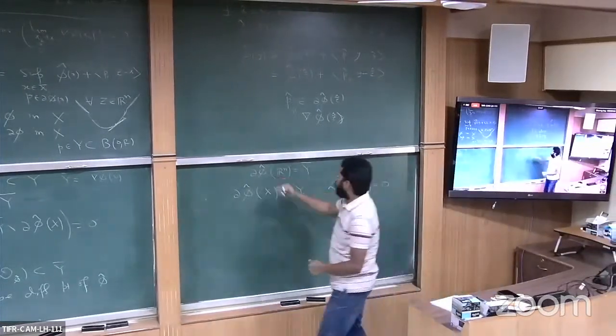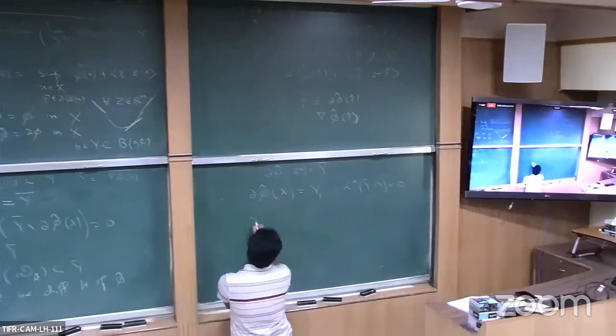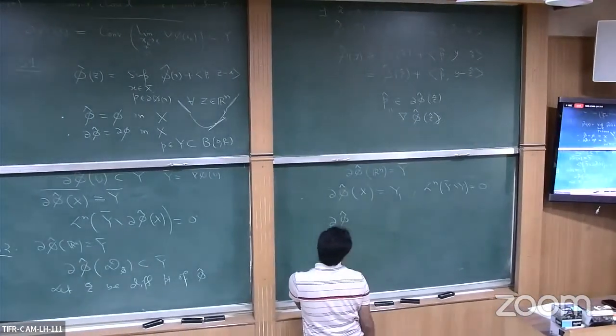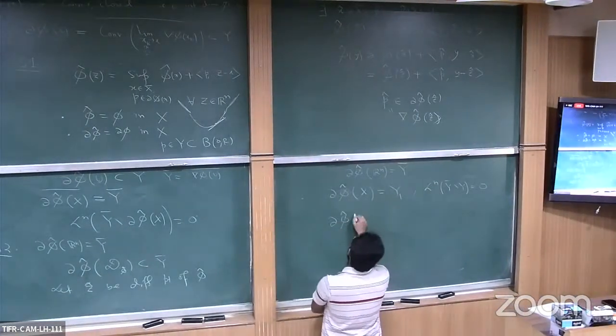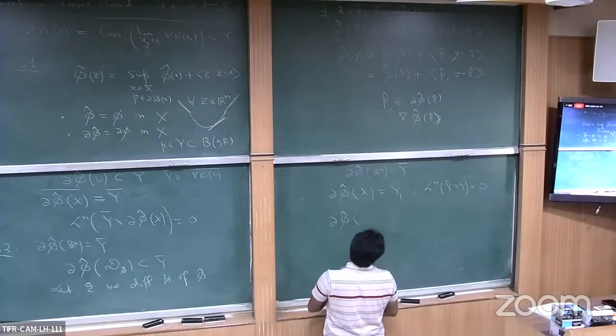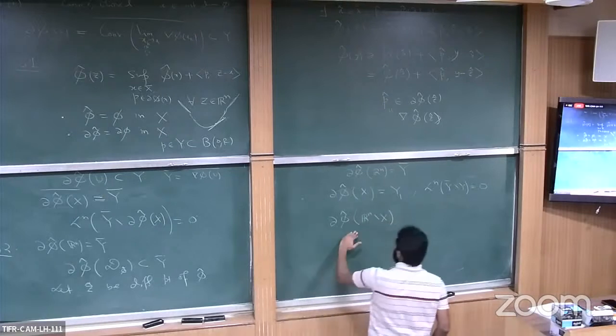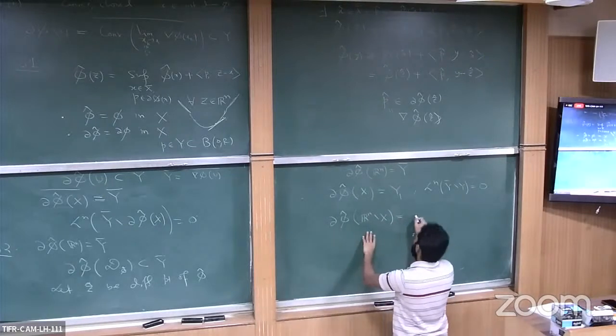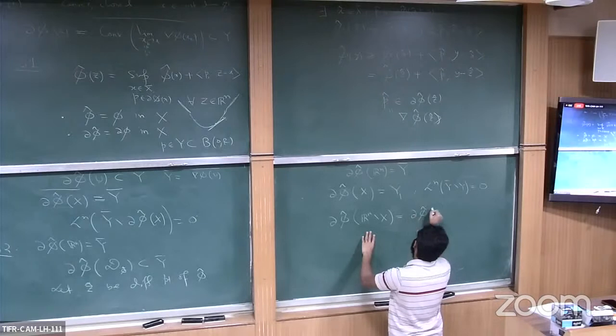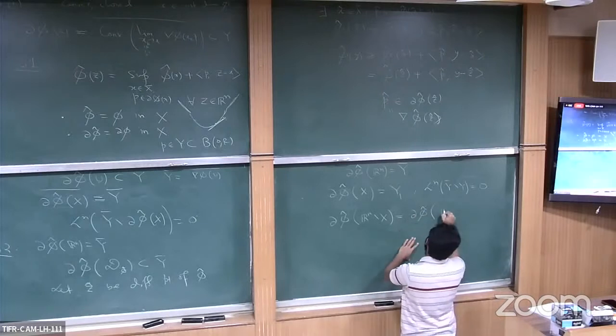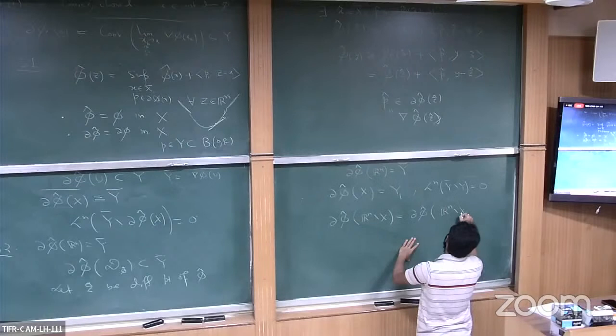So if I want to compute the subdifferential phi hat of Rn minus x, okay, then this guy is precisely the subdifferential phi hat of Rn minus x.